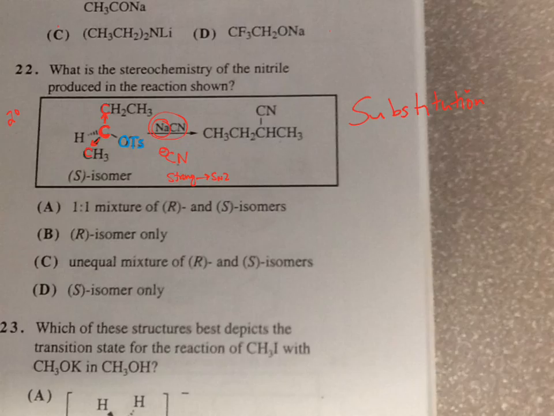With SN2, the very first word that needs to come into your head is exactly what you just mumbled out back there: backside attack. That means our nucleophile needs to come in from the backside of our leaving group. Our leaving group is located down and to the right, which means our nucleophile needs to come in from the up and left side. When the nucleophile comes in and attacks there, what happens to the other groups?